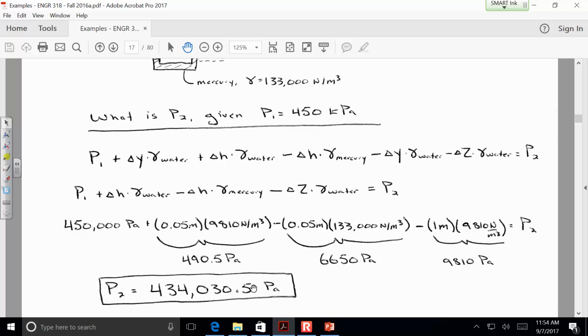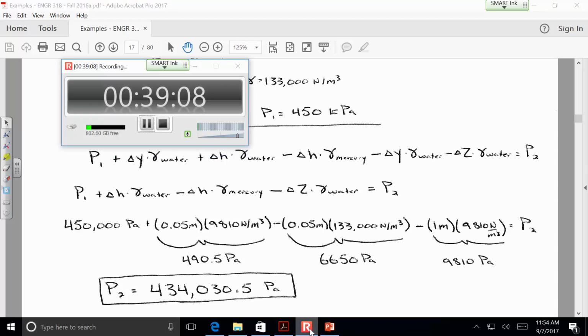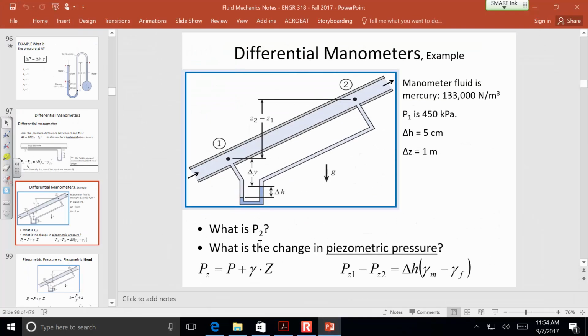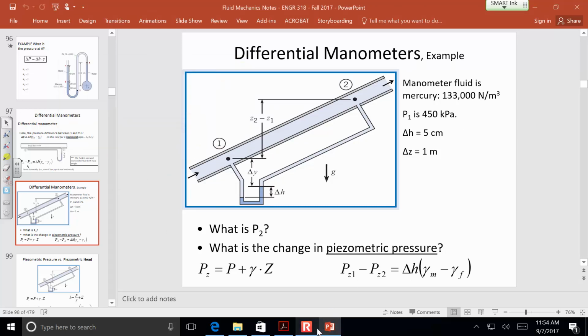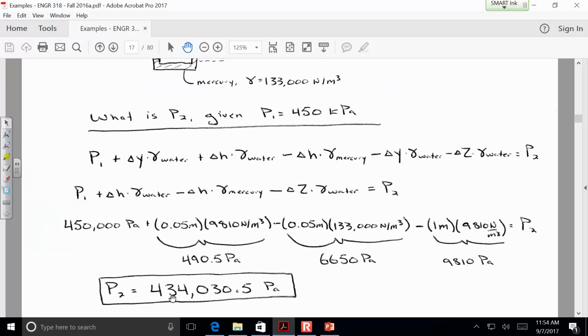All right. In the second part of the problem, I asked you to take a look at the change in piezometric pressure. So applying this formula. Between 1 and 2, we know the change in pressure because it went from 450 to 434. So the pressure decreased for 2 reasons.